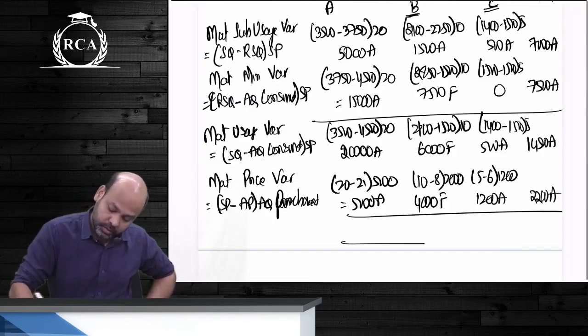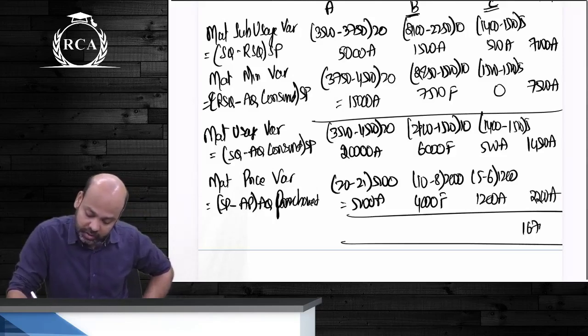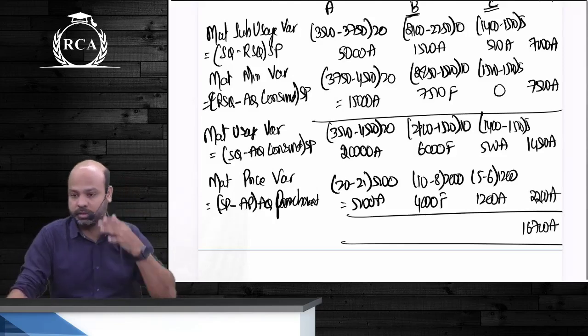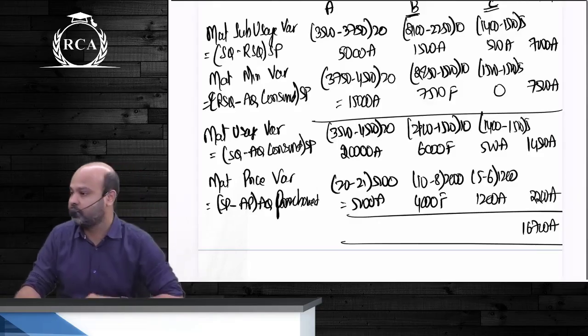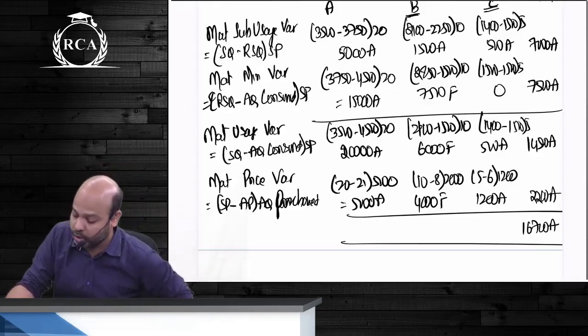So your overall variance will become 16,000. These are the variances: material usage, material price and material cost variance.